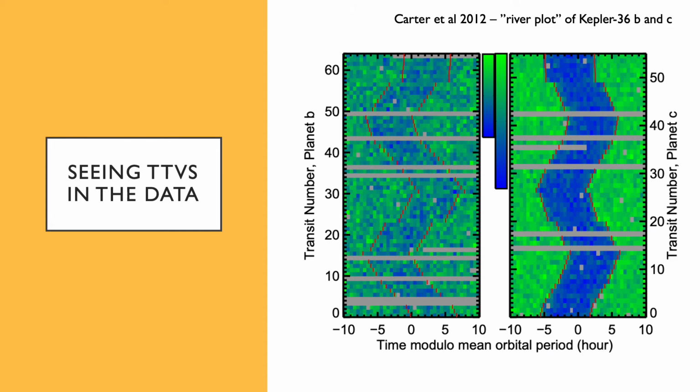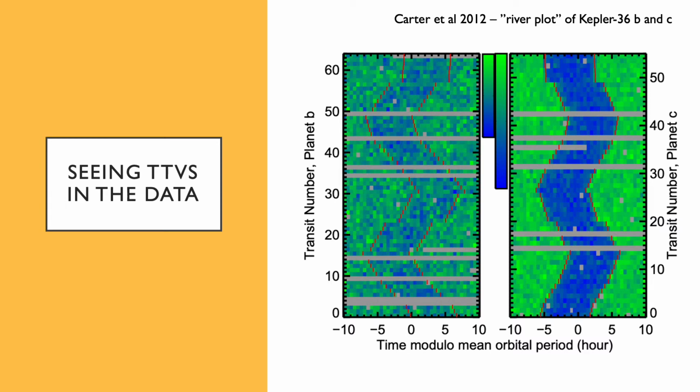Here is yet another way to visualize transit timing variation data. So here on the x-axis we have the time at which the photometry was taken, and each row stacked up on top of each other on the y-axis is one transit event taken from the photometry. Baseline photometry is green, while times when less than baseline photometry was recorded are darker blue. There's a clear sinusoidal pattern corresponding to where the transits occur over time, showing that sometimes they occur earlier and sometimes later than the median value.